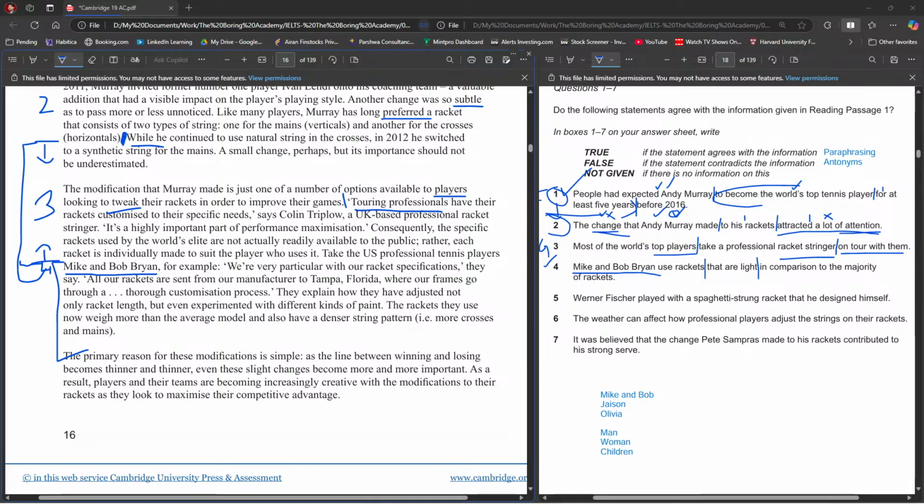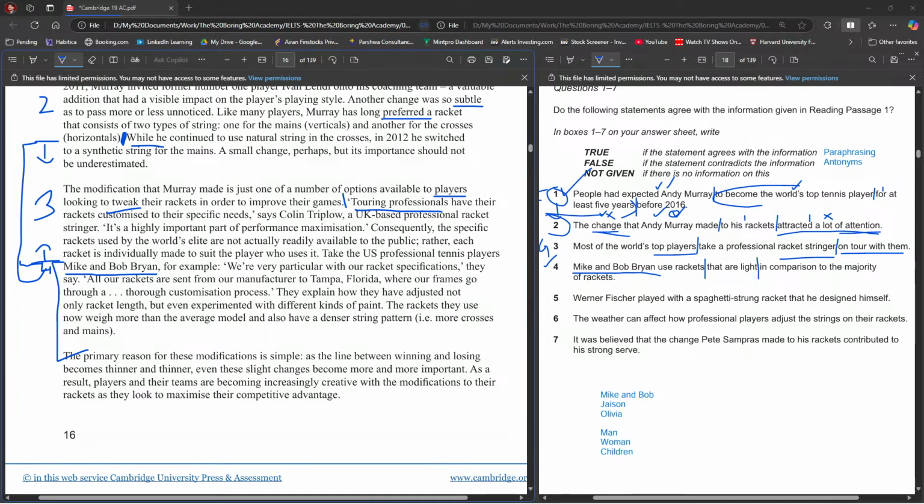The answer is not given. Anyway, what's your explanation? Why did you say that it is not given? Actually, this type of information is not present in this passage. Mike and Bob Brian use rackets that are light in comparison to the majority.